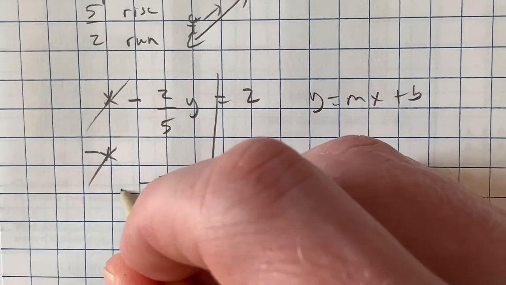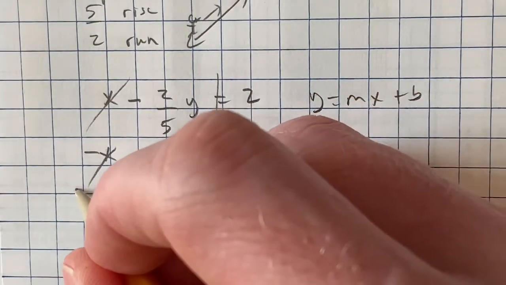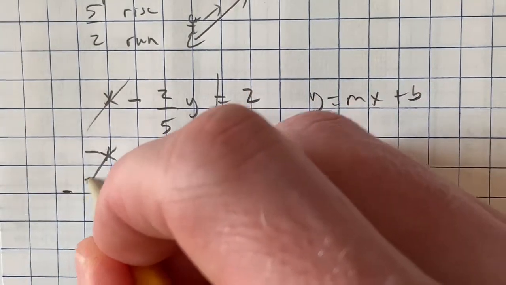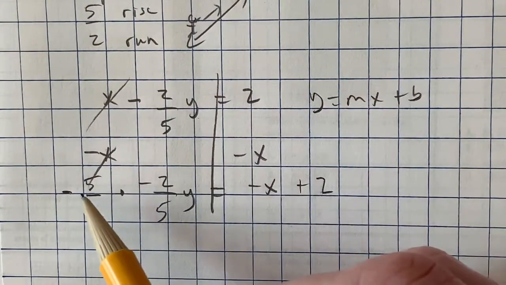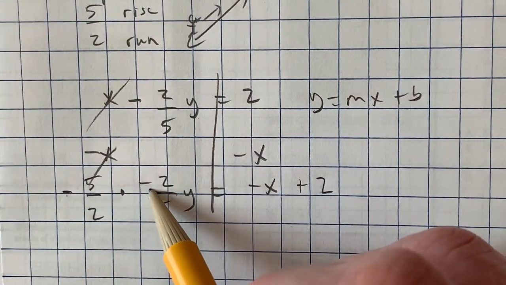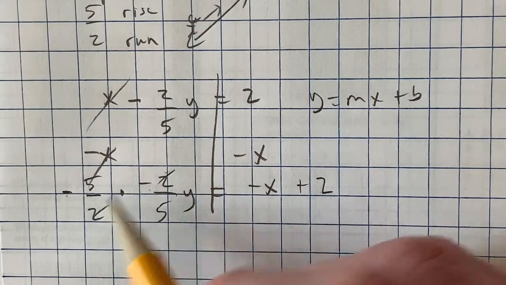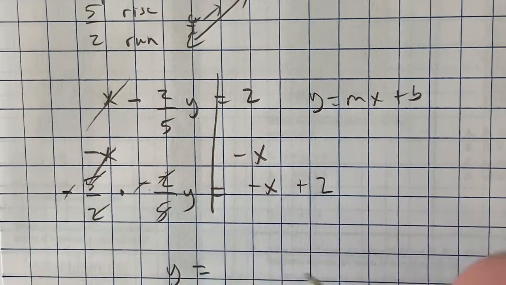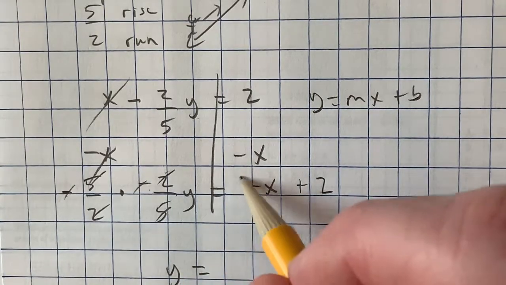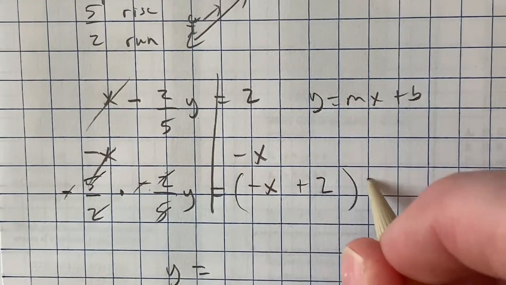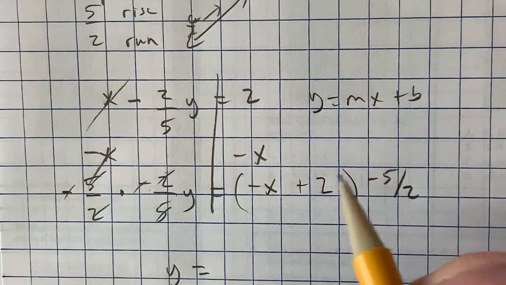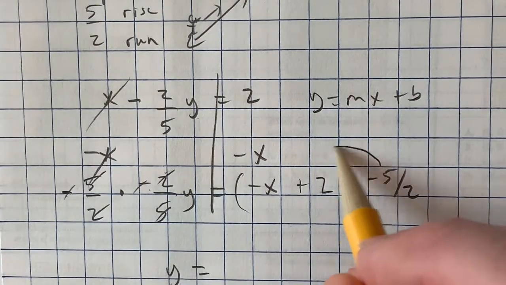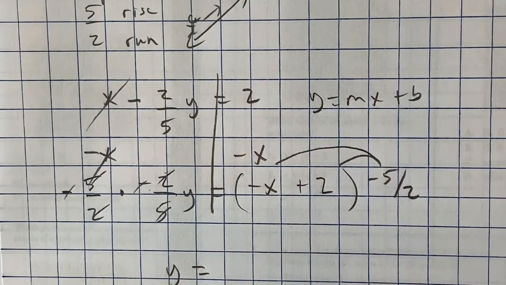So I'm actually going to multiply. I'm going to do a little math trick here. I'm going to multiply by negative 5 over 2, because a negative times a negative becomes a positive. My 2's are going to cancel. My 5's are going to cancel. My negatives are going to cancel, which leaves me with y. And so if I do that to the left, I also have to do it to the entire right side. So now I'm going to distribute this to both those numbers.